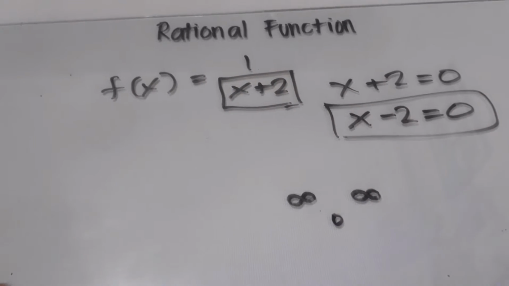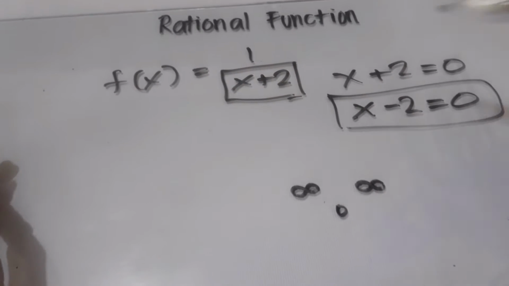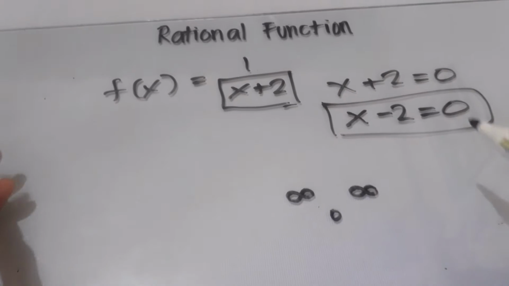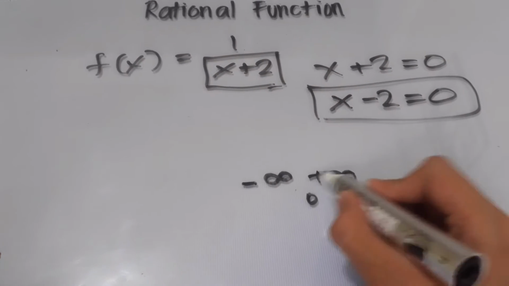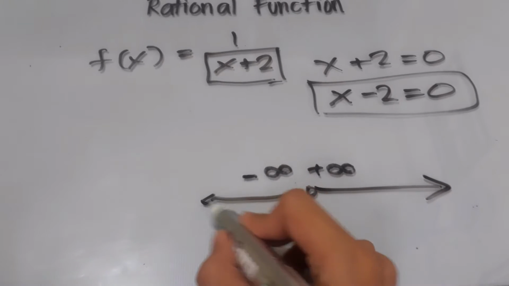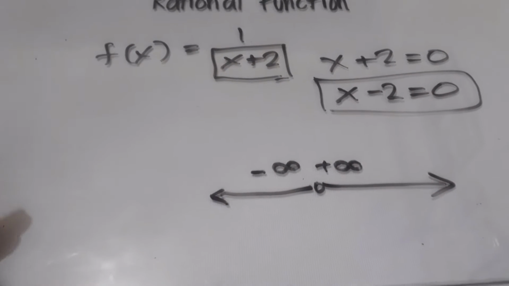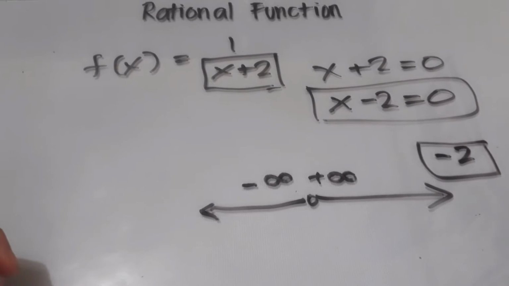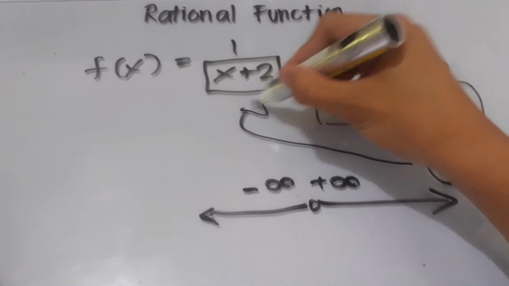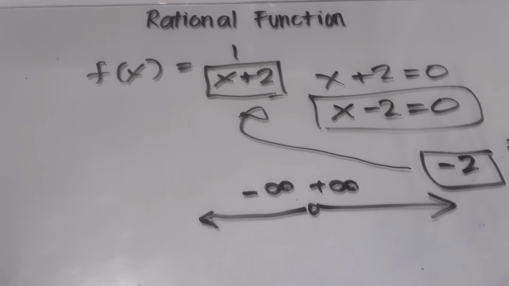Hence, the domain of the rational function 1 over x plus 2 can be any real numbers from negative infinity to positive infinity except for negative 2, because negative 2 would make x plus 2 equal to 0.